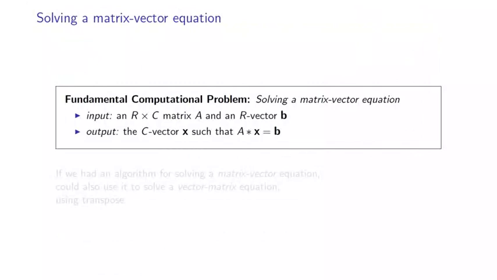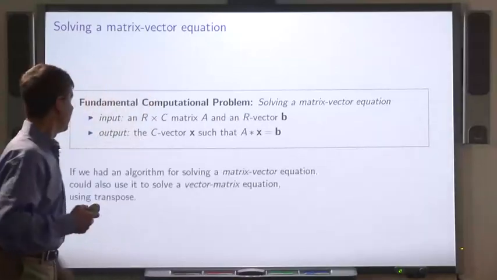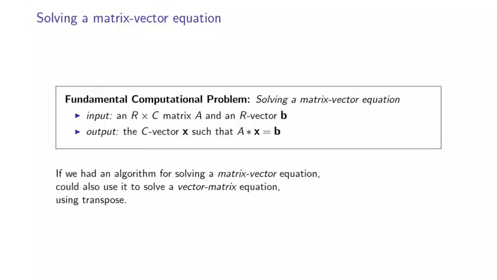So again, solving a matrix-vector equation is a fundamental computational problem. And of course, if we had an algorithm for this problem, we could use it to also solve a vector-matrix equation just by using the transpose.